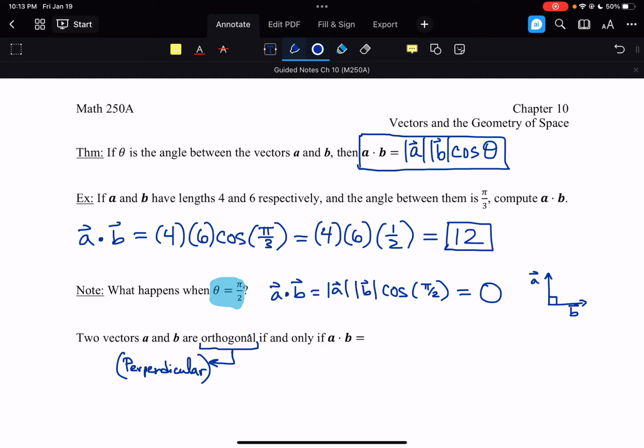We use this term a lot more in 3D because the concept of perpendicular really depends on working in a plane, on that flat surface. So if you see this word, it just means that they're perpendicular. Two vectors are orthogonal or perpendicular if and only if their dot product is 0.